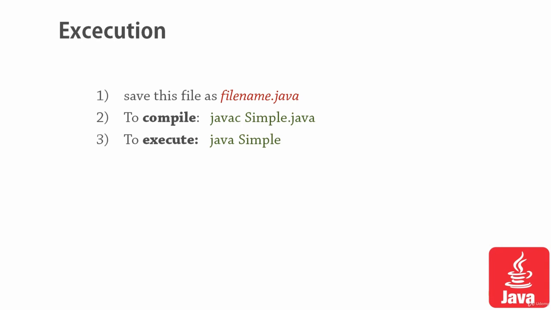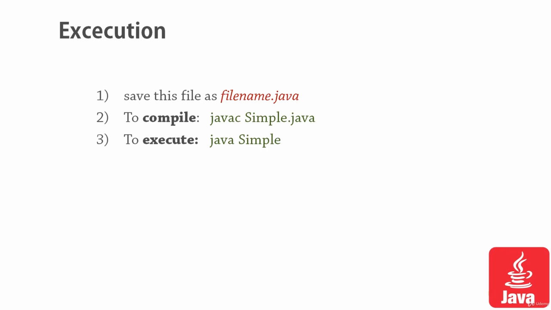When we are done with saving this file, we can move to the command prompt. Open a command prompt and write a simple command, javac, which means Java compile, this Java program, and provide the name of the file. If the file is located in the same directory, it will compile it.